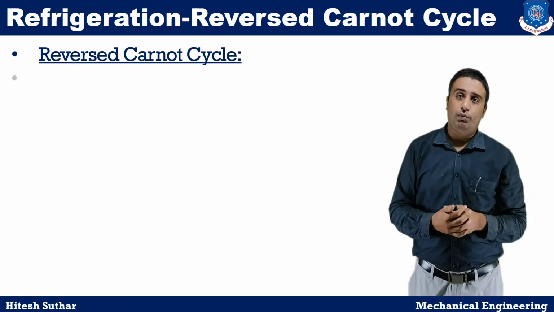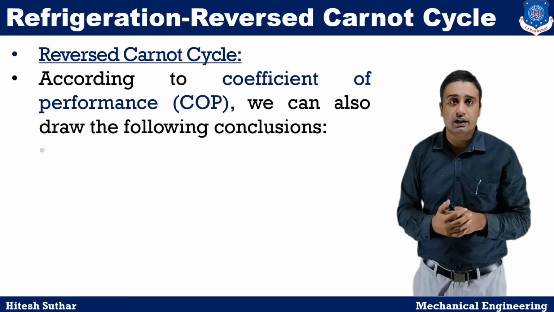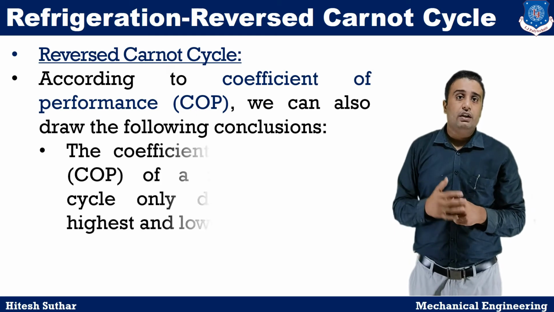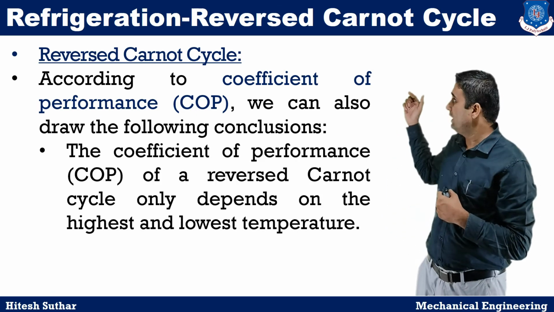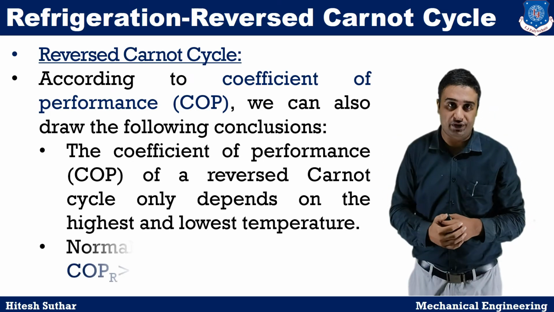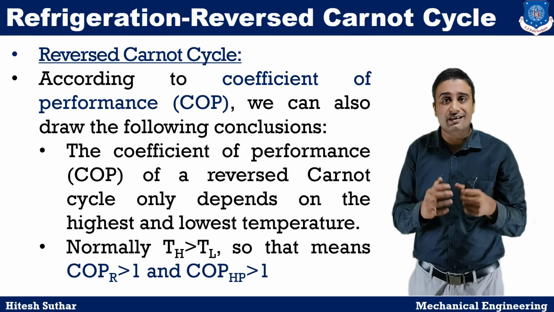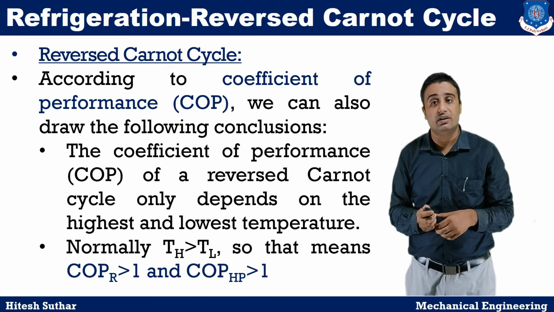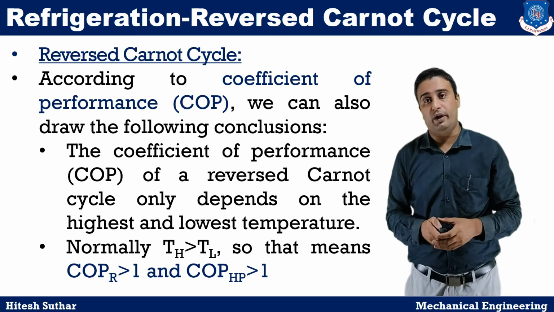According to the coefficient of performance, we can draw the following conclusions. Number 1, the coefficient of performance of a reversed Carnot cycle depends only on the highest and lowest temperatures. Normally TH is greater than TL, so the COP of a heat pump is always greater than 1.